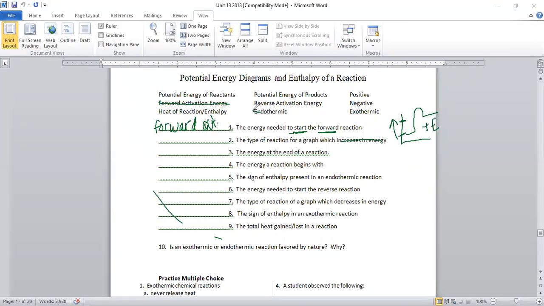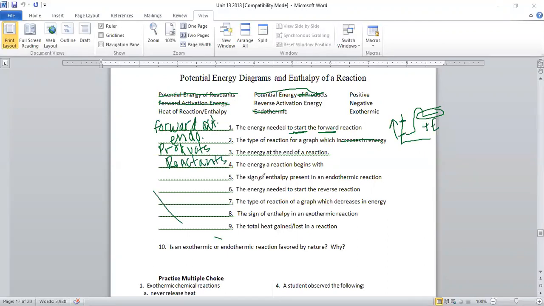And when we add energy, that is an endothermic reaction. The energy at the end of a reaction, this part right here, this is your potential energy of products. Okay, the energy a reaction begins with, potential energy of reactants.